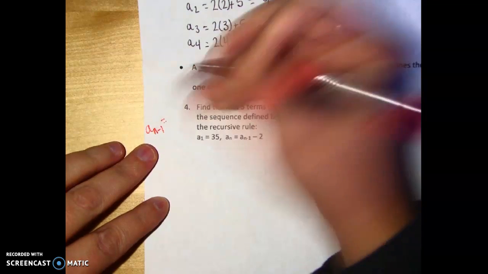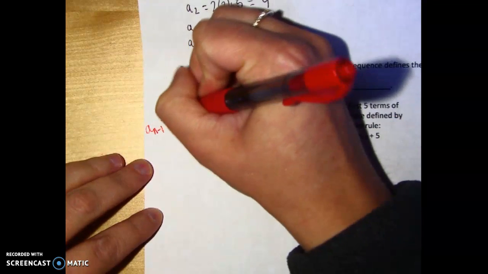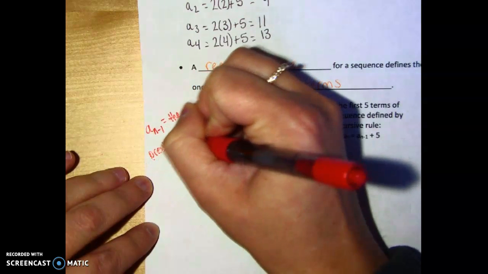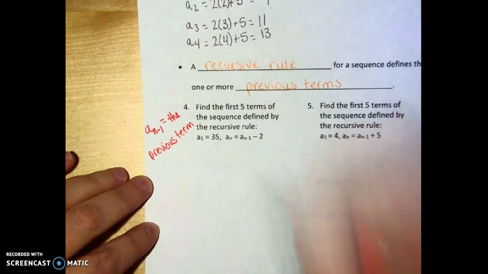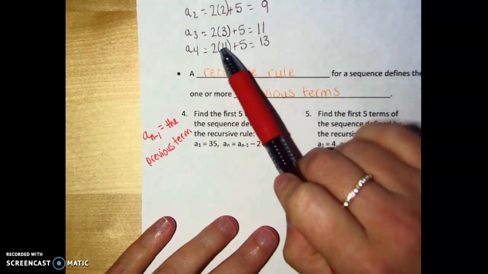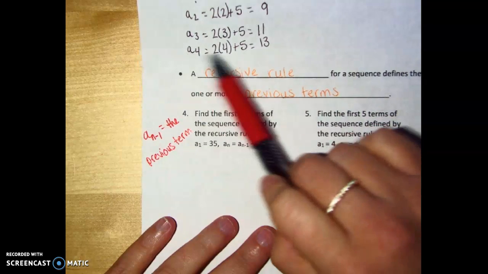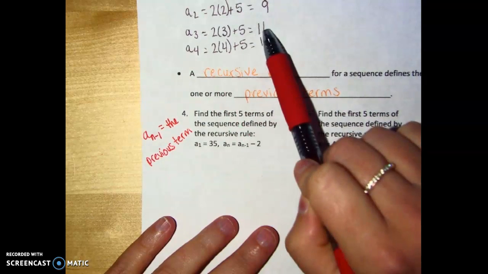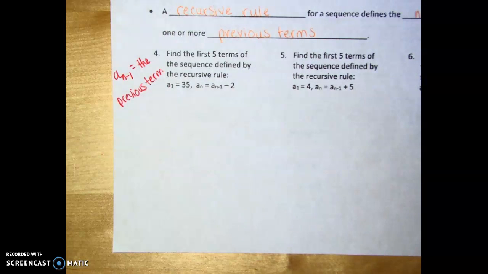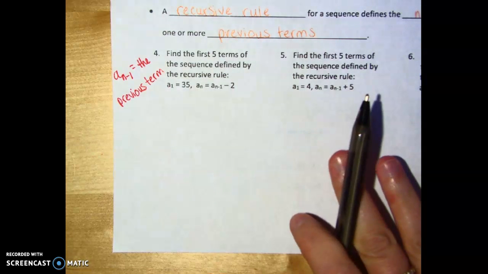This just means the previous term. So up here, a sub n minus 1 for this one would be 11. And that's kind of confusing. I will show you some examples to hopefully make sense of it all.